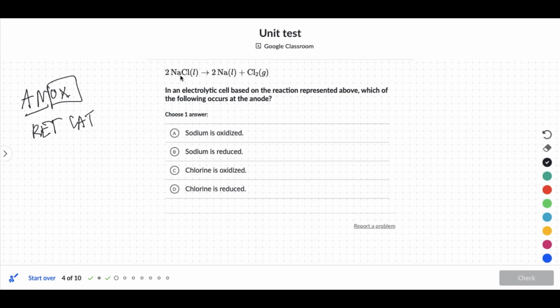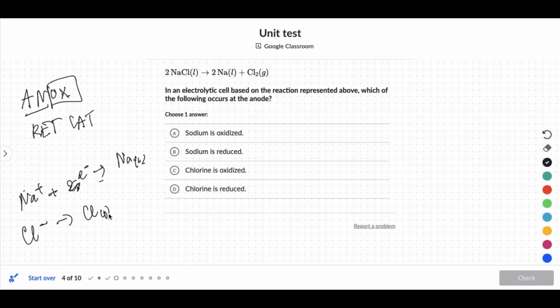Let's take a look at sodium and chlorine ions. Sodium needs to gain an electron in order to turn into liquid sodium. However, chlorine gives out an electron.